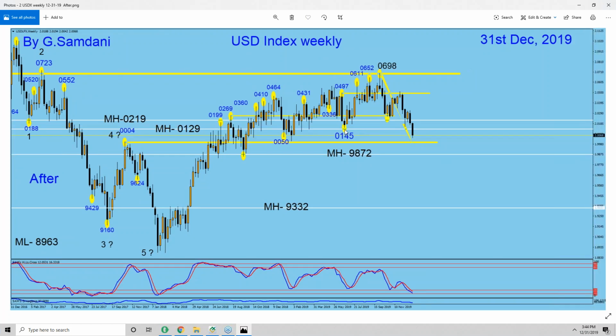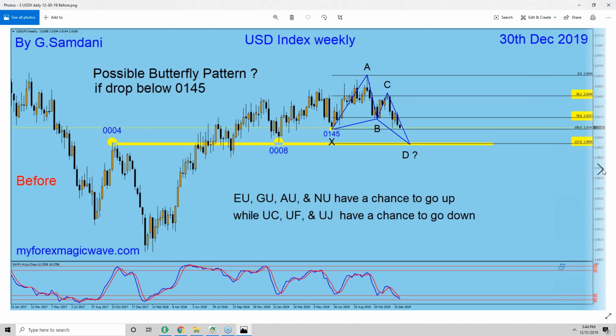It drops from 0545 down here. Right now it is probably at 0068, right? So the US dollar index dropped very nicely. Another chart which I made for my subscriber on the 30th is kind of like a harmonic pattern, which I teach in my webinar.